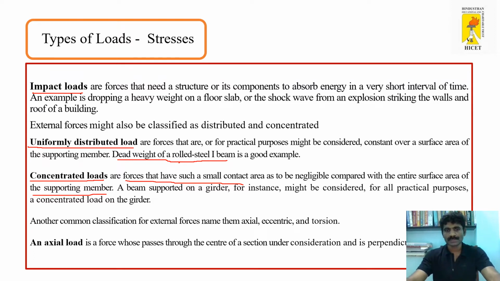Here is an example: a beam supported on a girder, for instance, might be considered for all practical purposes a concentrated load on the girder. This might give you an idea of what a concentrated load is.